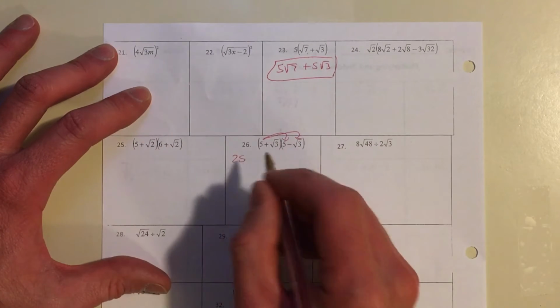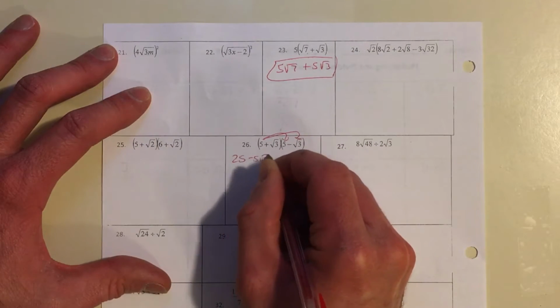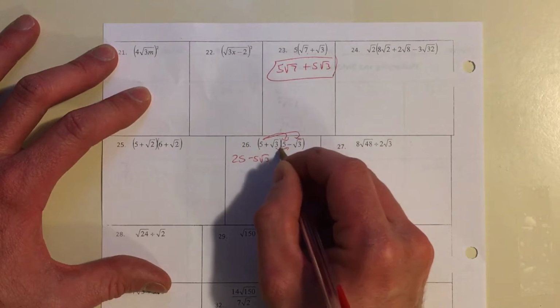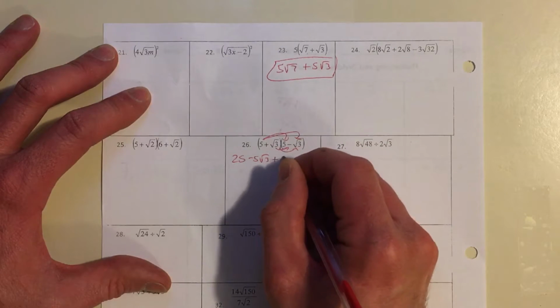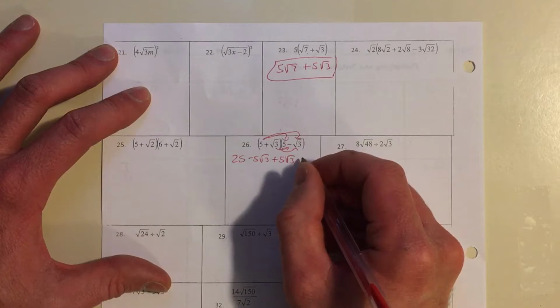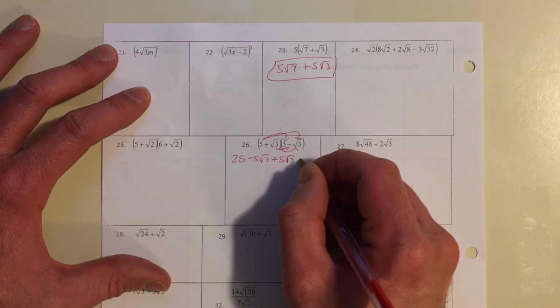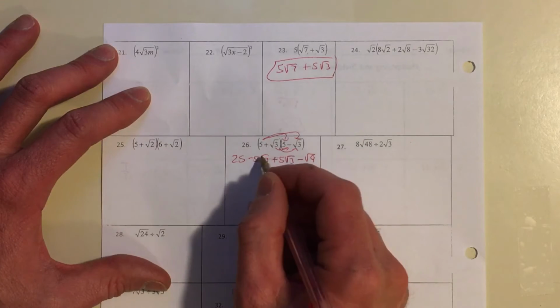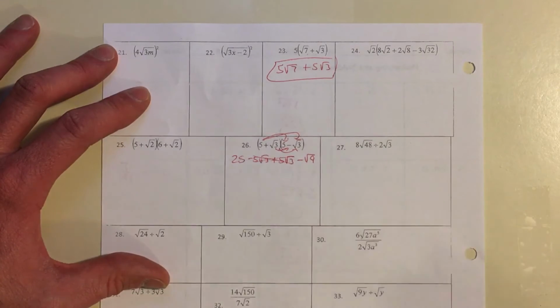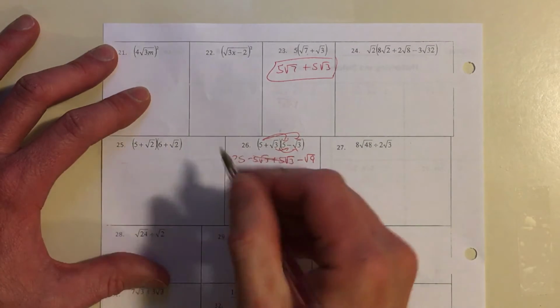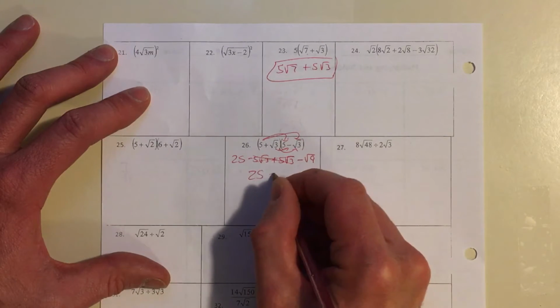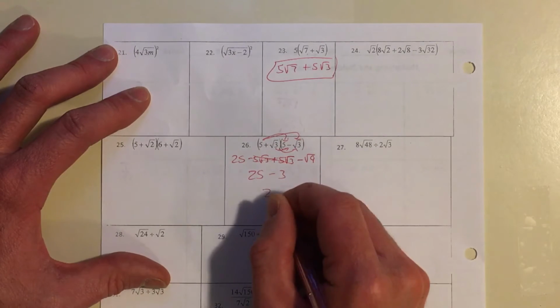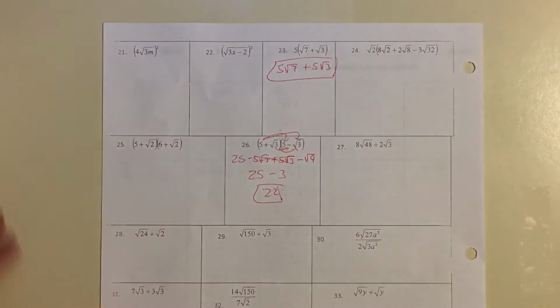We'll get 25 minus 5 square root 3. Distribute. Positive 5 square root 3. And then minus square root of 9. So in the middle there, sure enough, those are opposites. They go away. We're going to be left with 25 minus square root of 9 is 3. Well, heck, we just got 22, don't we?